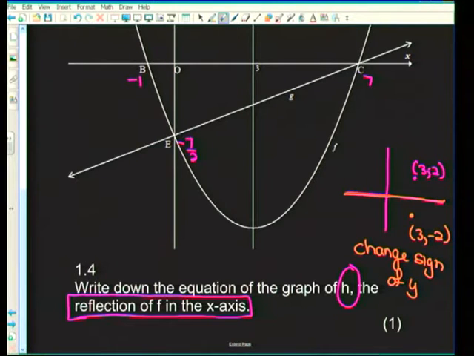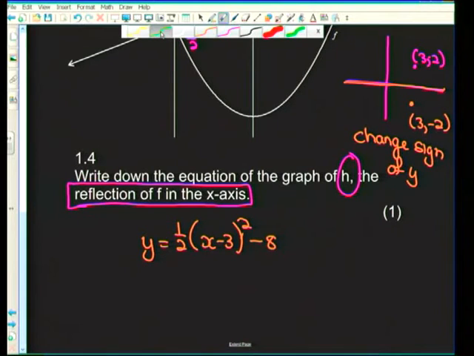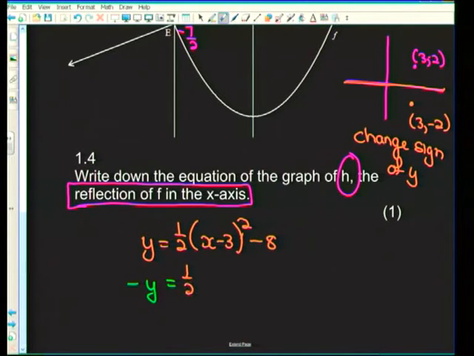Okay, so let's go to the equation we've got. The equation we've got is y equals a half x minus 3 all squared minus 8. And as I've just said to you, by simple deduction, we know we must go minus y equals, and the rest will stay as it was. So we've changed the sign of y, which is all we have to do for reflection in the x-axis.